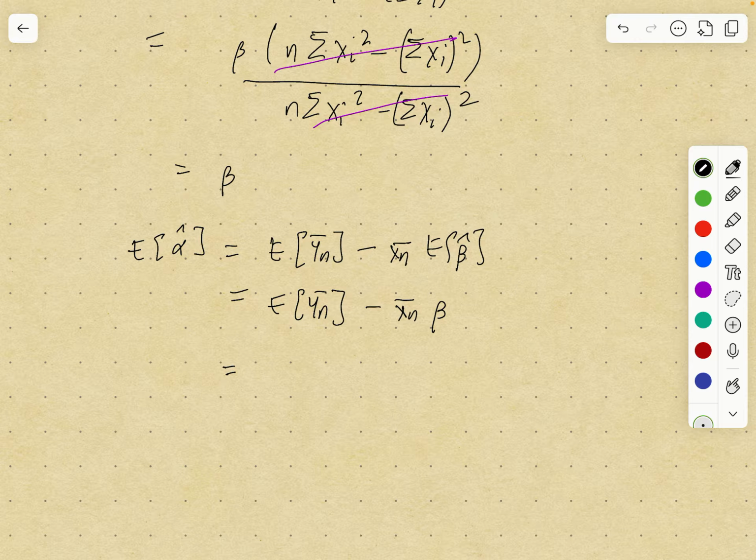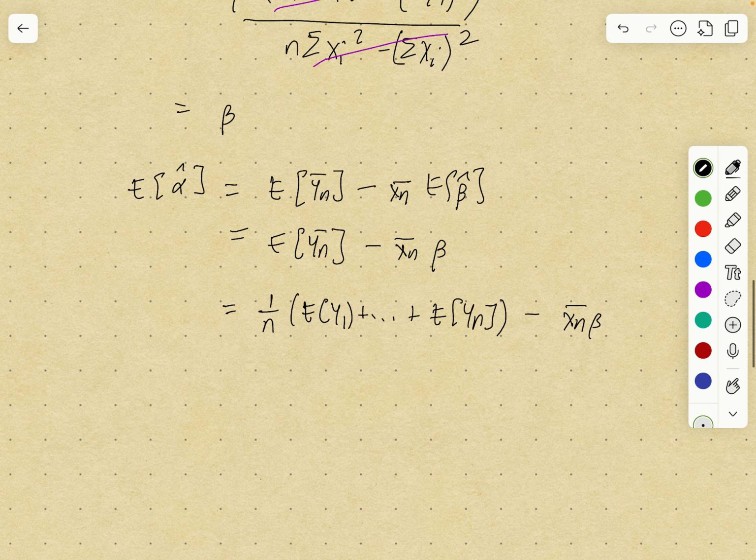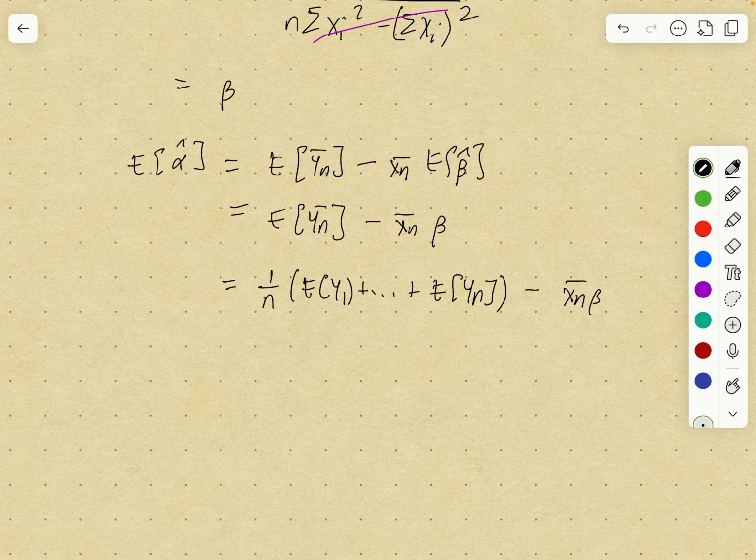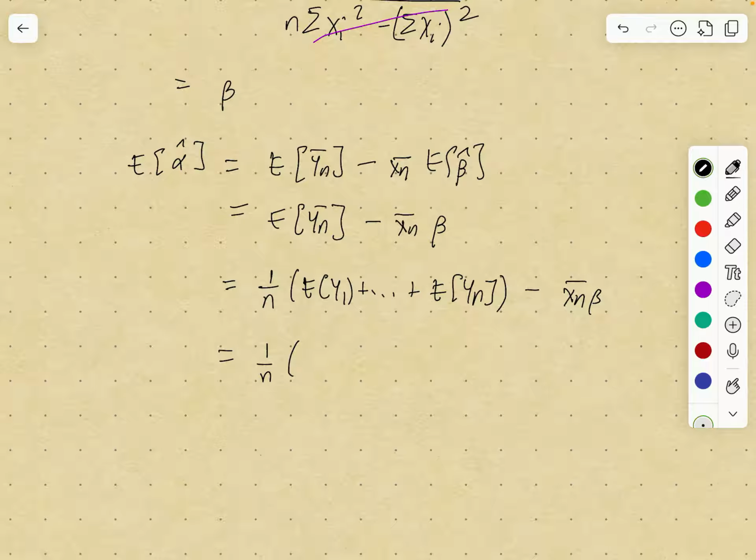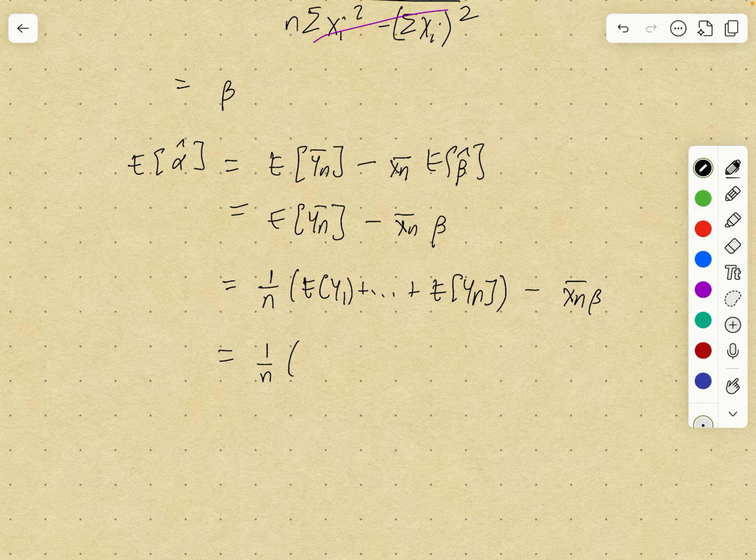Well, the expectation of the average, we again apply linearity and get 1 over n times the expectation of y1 plus dot dot dot plus the expectation of yn, minus xn bar times beta. And we know that the expectation of yi is equal to alpha plus beta xi. So we just get alpha plus beta x1 plus dot dot dot plus alpha plus beta xn.